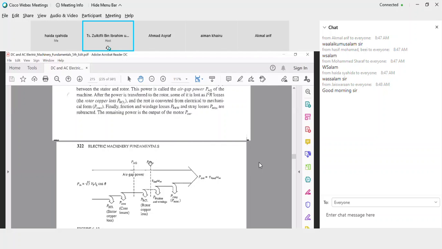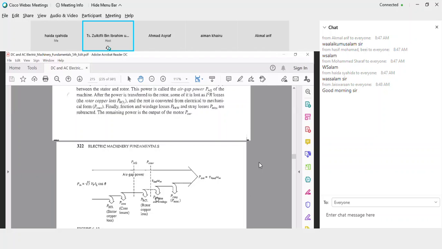The power converted means your electrical power is converted into mechanical power, and the converted power is equal to the induced torque times the mechanical speed. So before the power can be used, it has to minus the additional stray losses and also the friction and windage losses.